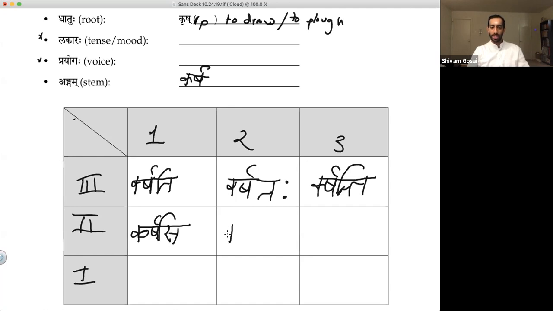So karsha, then taha. Oh, that looks like a bakara. Karsha taha. And then karsha, madhyama purusha bahuvachanam, karsha ta.